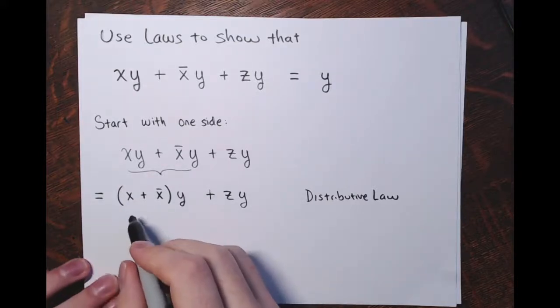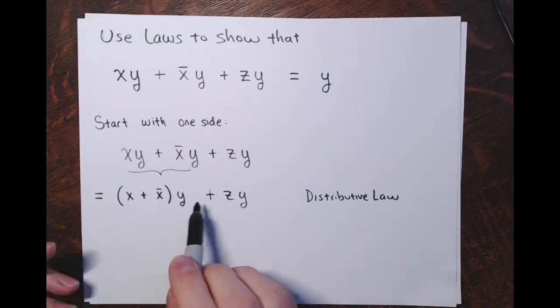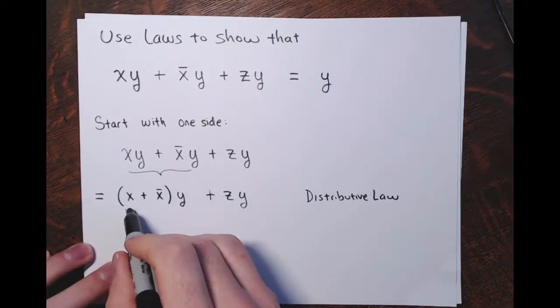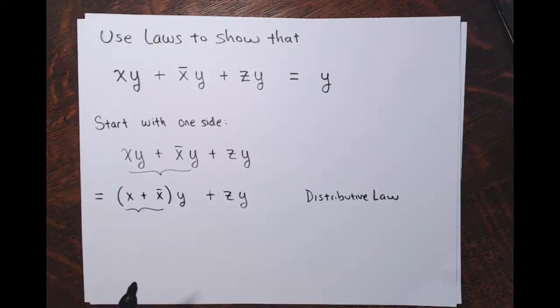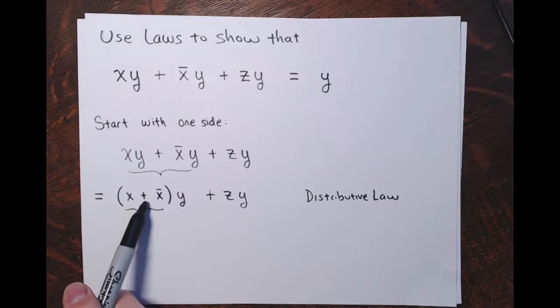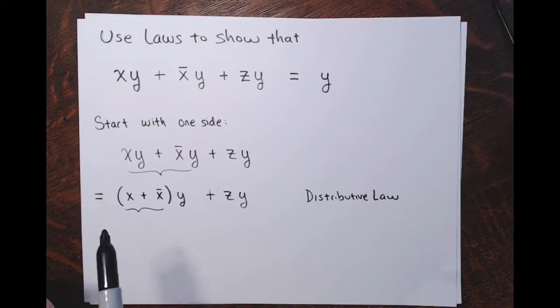Something else I noticed. Now you could pull out the y from both of these if you wanted. But one thing I'm noticing is this here: x plus the complement of x. Do you remember that a set in union with the complement of that set was the entire universal set, or was always true?